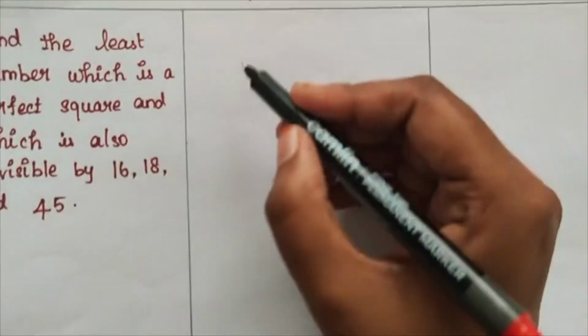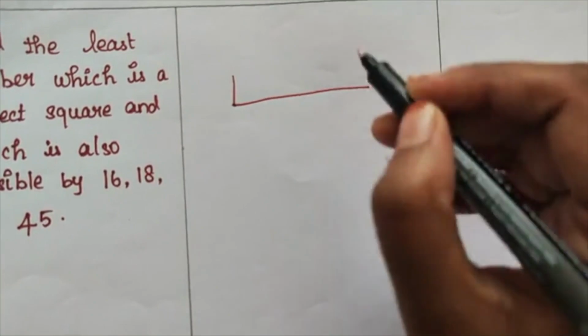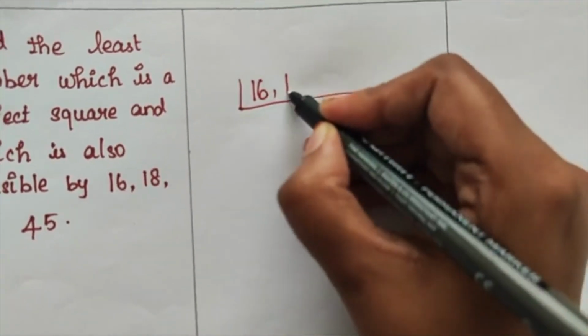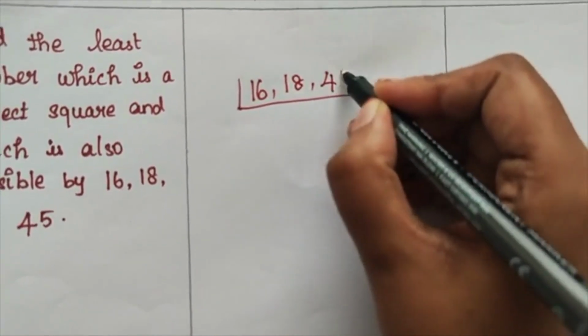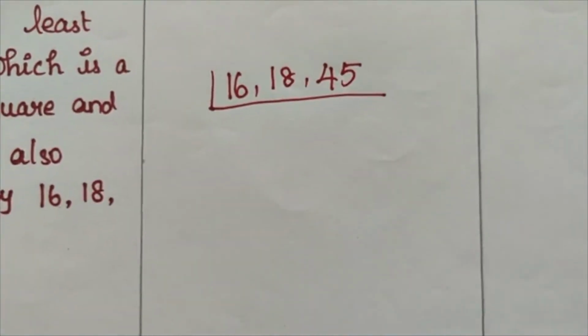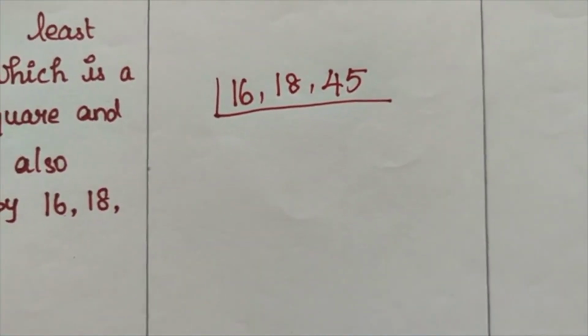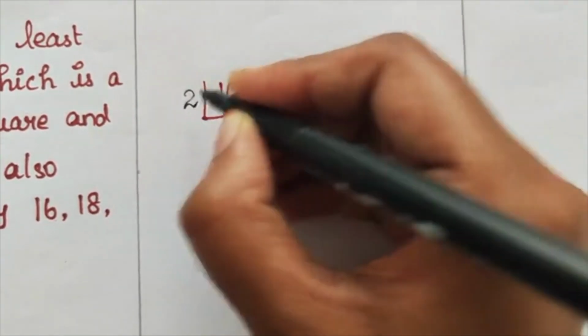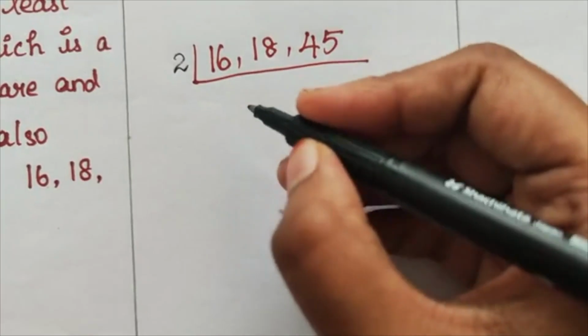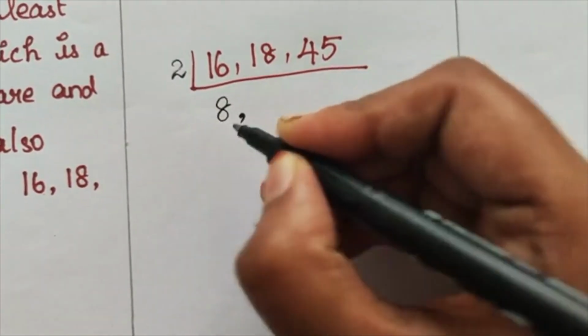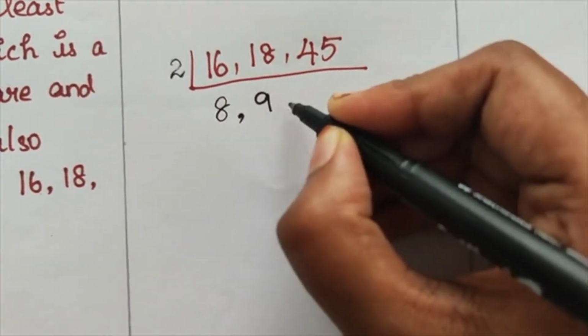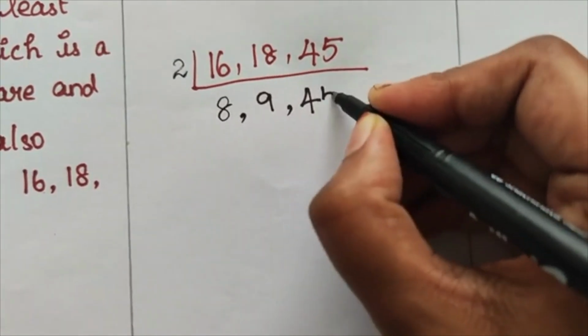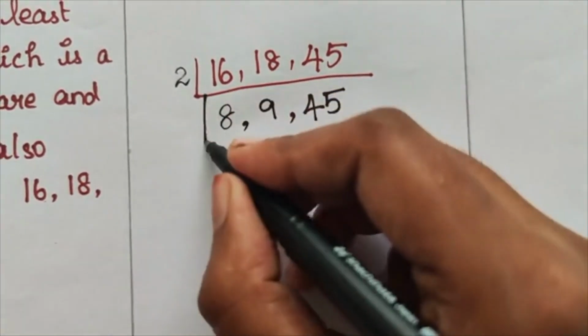So let's take the LCM of 16, 18 and 45. For doing LCM, let's go with prime numbers. If I use the 2 table, this is 8 times, this is 9 times, and 45 doesn't come in the 2 table, so let me leave 45.